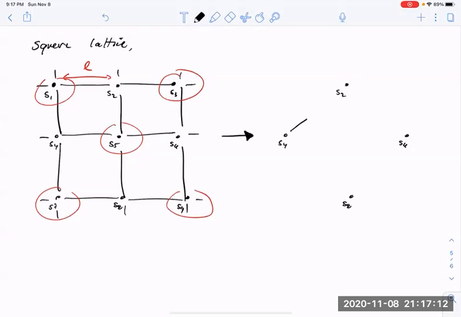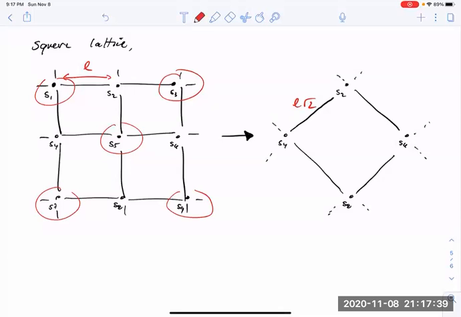There will be new interactions that were mediated by those spins that now couple the remaining spins. The links have indeed changed, not as dramatically. Now they've increased by a factor of the square root of 2.